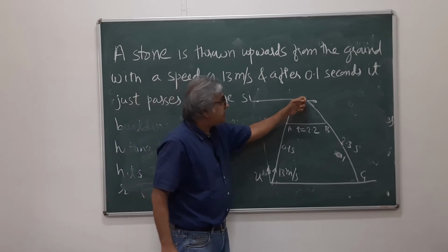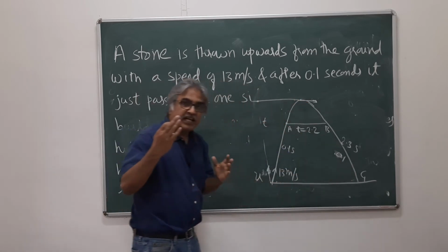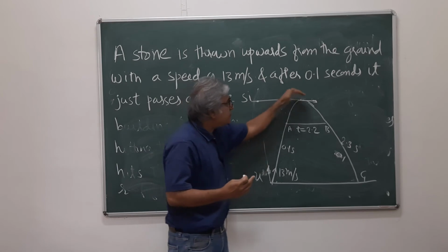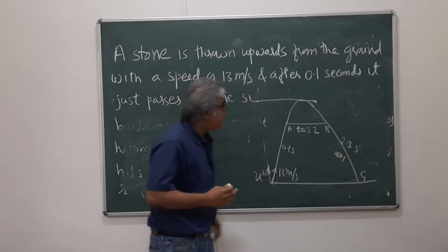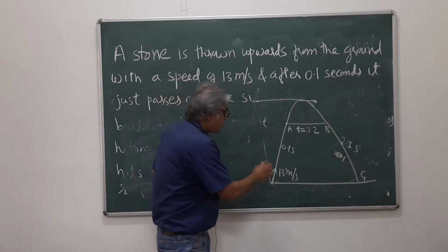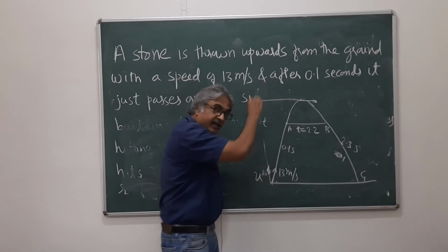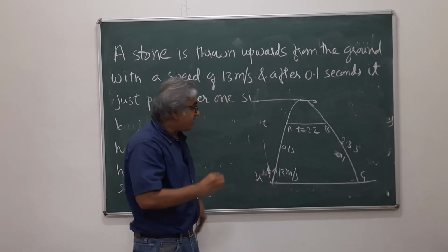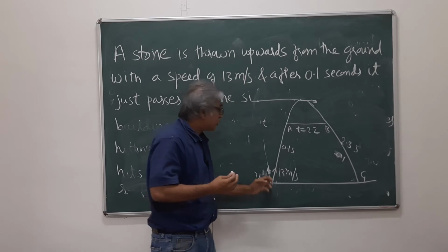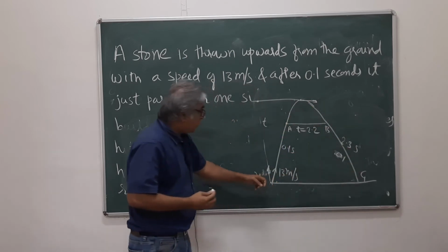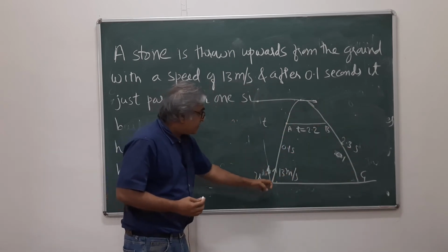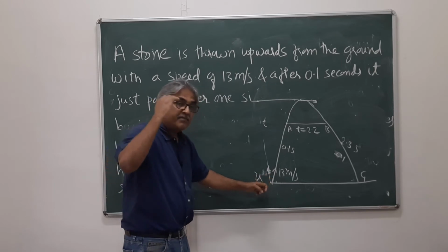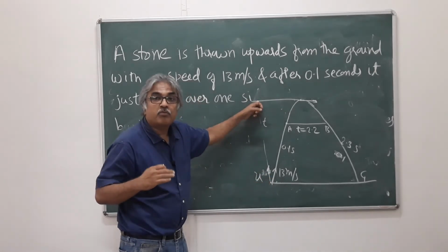The projectile reaches here and comes down, and logically you can convince yourself that this has to be symmetrical, right? So the time for the projectile to reach this height and again come down, total time, is 2.4. So the time the projectile takes to reach the maximum height is 2.4 by 2.